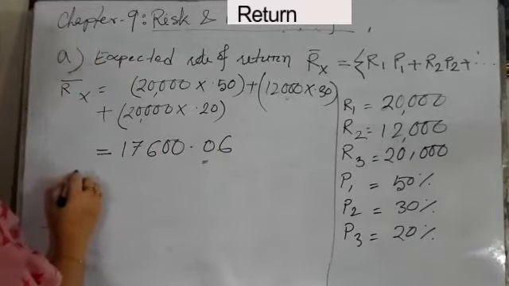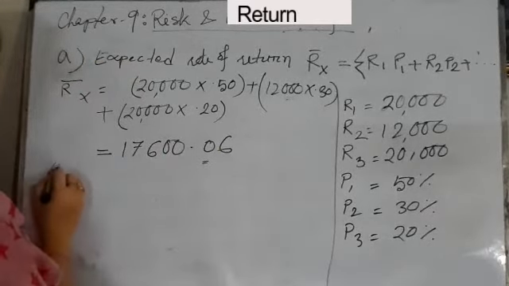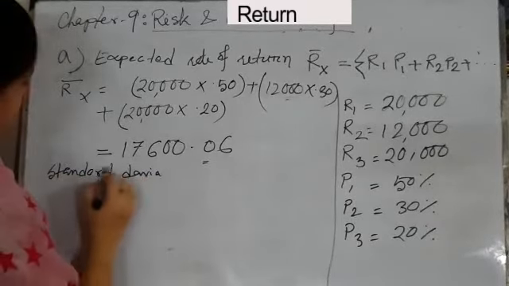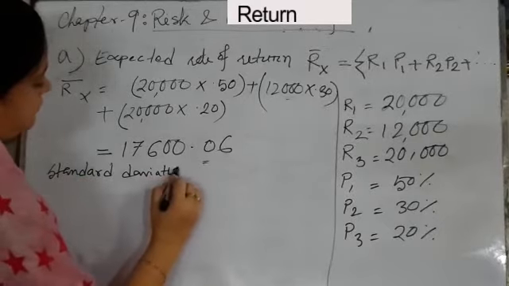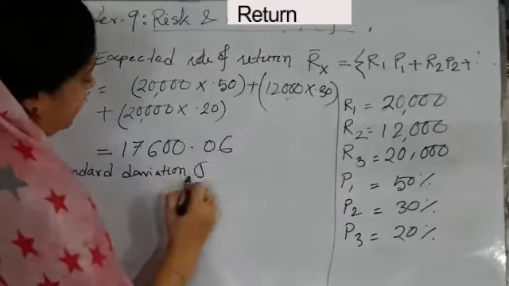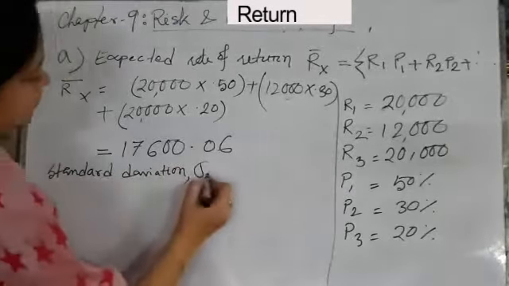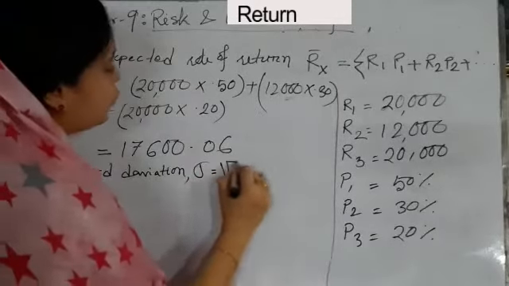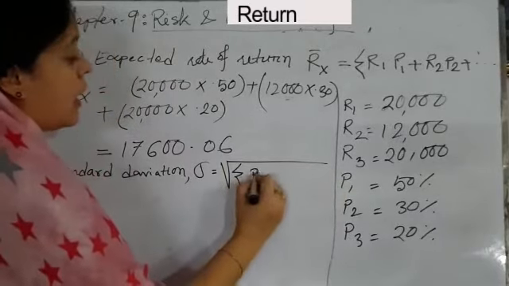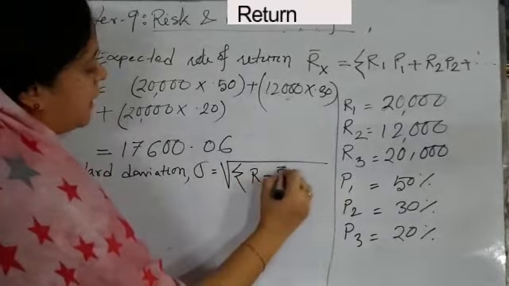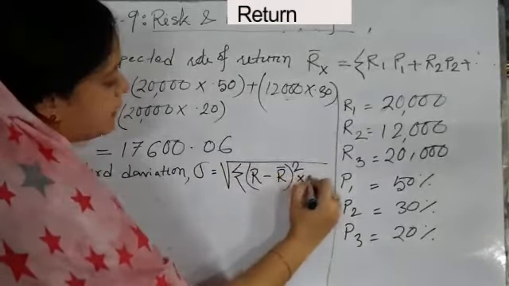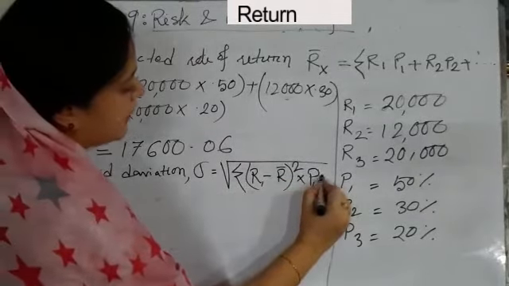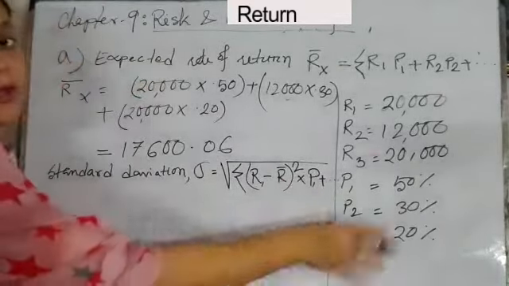Then we have to find the standard deviation. Sigma is the sign of standard deviation, and the formula is root over summation R minus R bar whole square multiply P. We can write R1 or P1 and plus dot dot dot, it means it is going on.